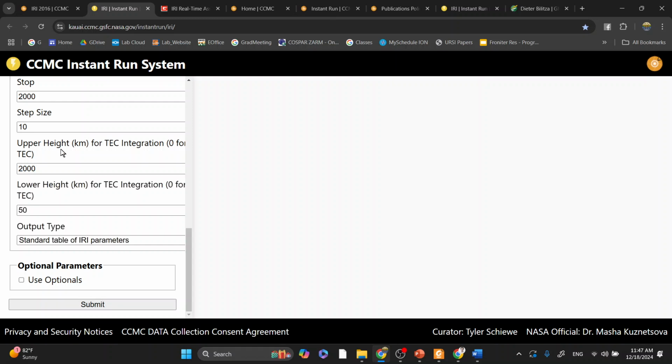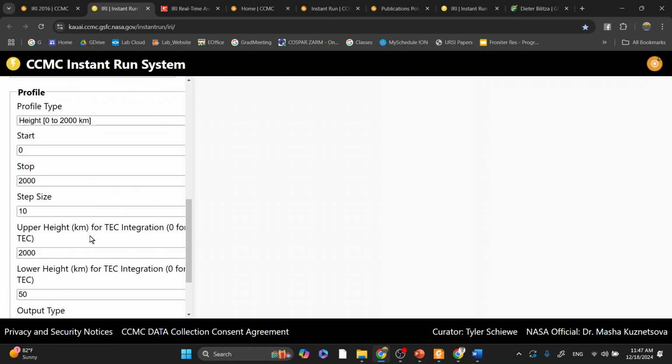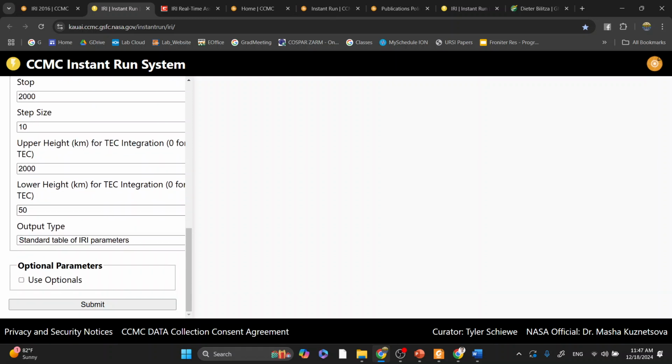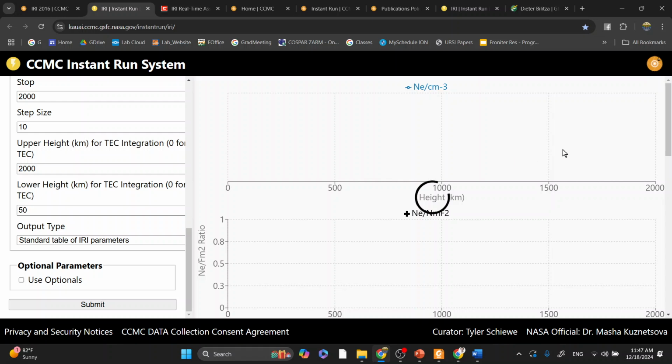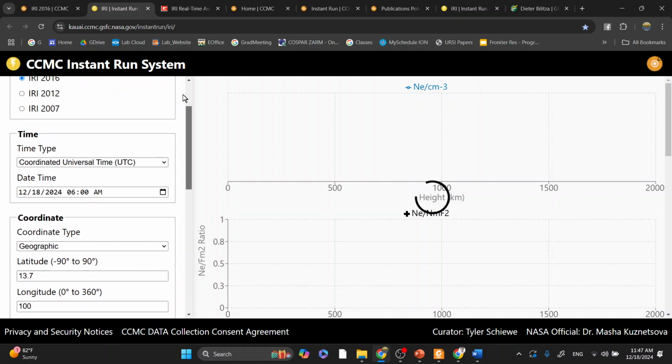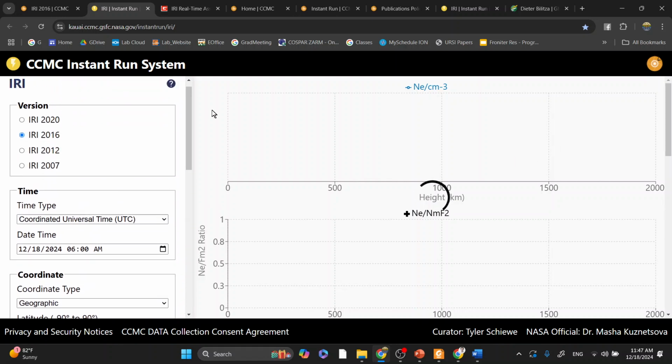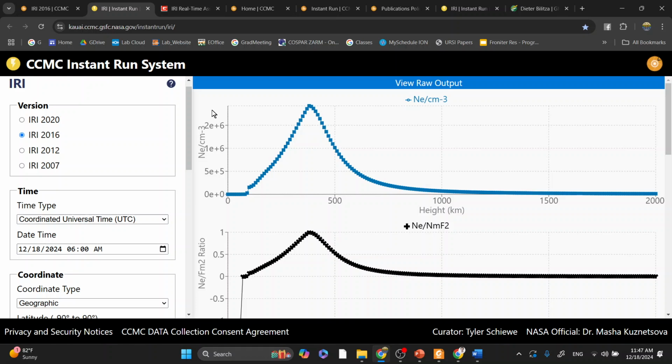Here you notice that the upper height is fixed at 2000 and starts at 50, which is the ionosphere, right? But I wonder why they set that storm enhanced, because in the old version they had a place where you could press storm enhanced, meaning this value changes during a very strong storm. So electron density, oh, still height.